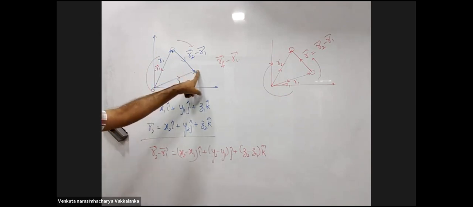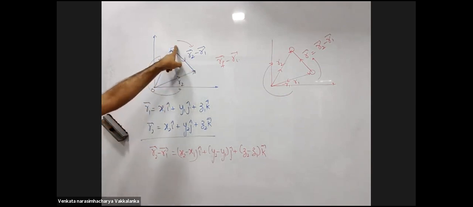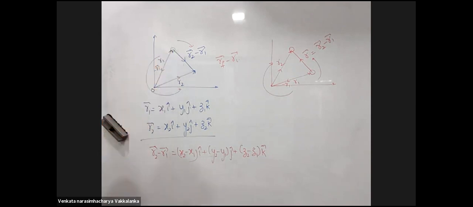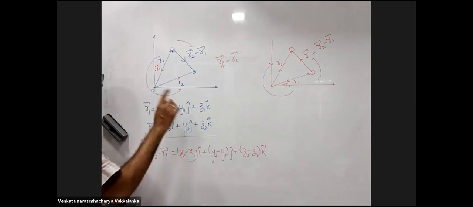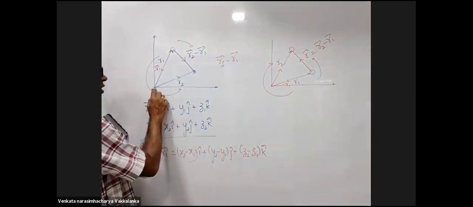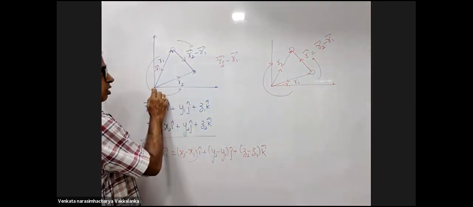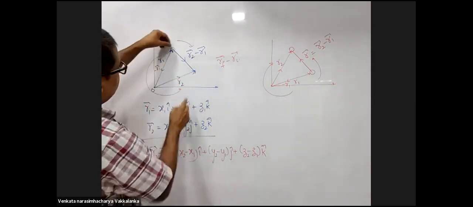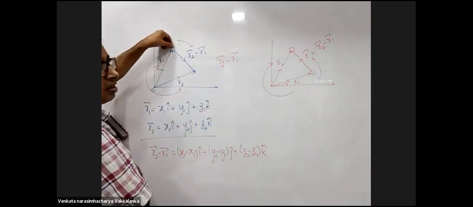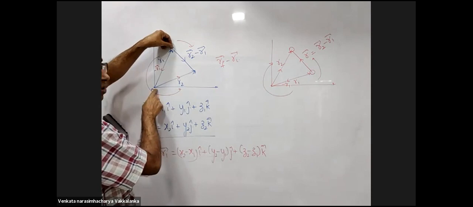This x1, y1, z1 and x2, y2, z2 are with respect to the origin. You cannot change the origin in the problem from the initial state. Initially you took that as the origin. If I take another point as the origin, I am changing the problem. Hence, you stick to the first one.